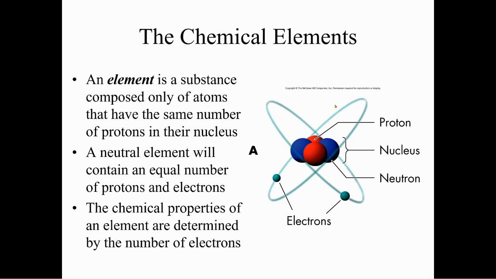Remember, elements or atoms are determined by the number of protons they have. All carbon has 6, whereas electrons can vary, and electrons give us those chemical properties.